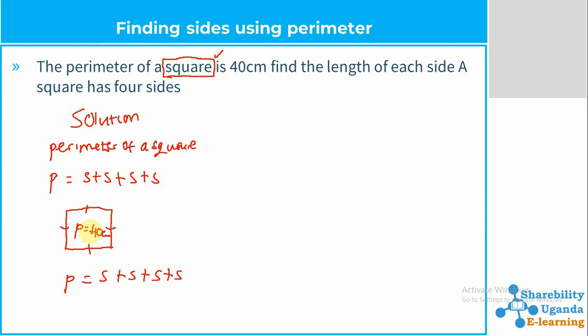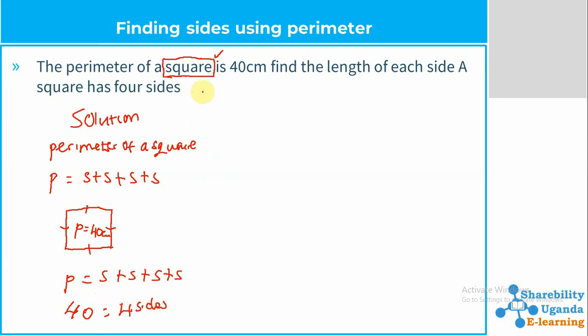Since we have been given our parameter, we shall have 40 being equal to our sides. These sides, how many are they? 1, 2, 3, 4. 4 sides.